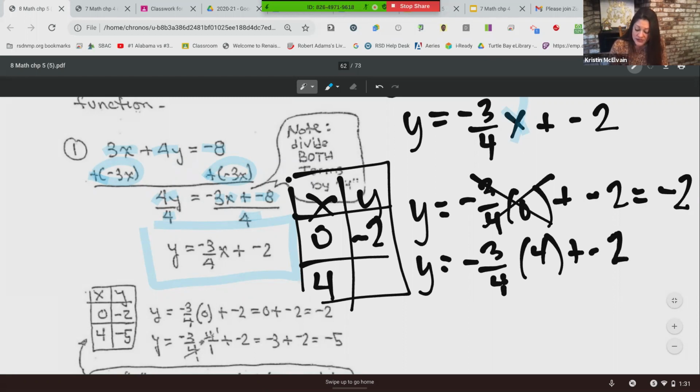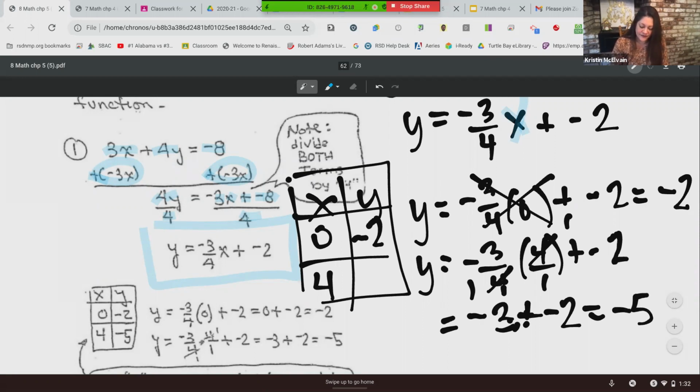There, okay, so this is actually a 4/1, and this lets us cross simplify. 4 goes into 4 one time, 4 goes into 4 one time. So that gives us -3 plus -2, which is going to give us -5.